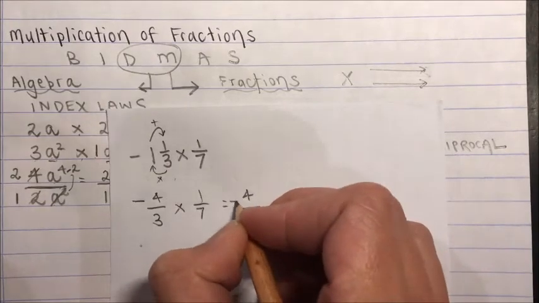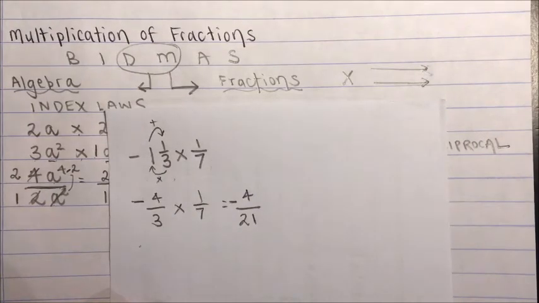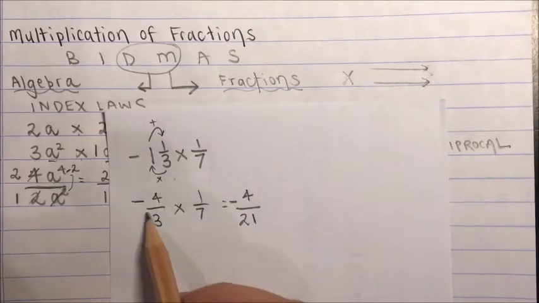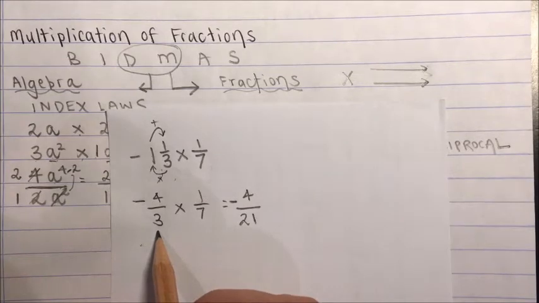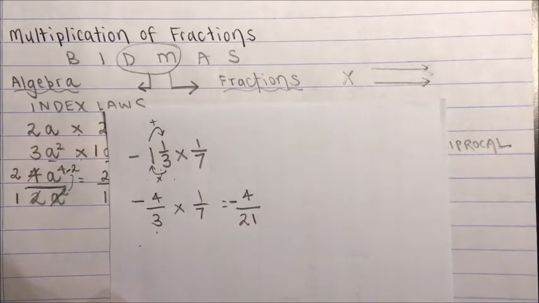The signs are different, so the answer's negative. -4/21. But obviously remembering, mixed numbers need to become improper fractions. They're just too hard to deal with like that.